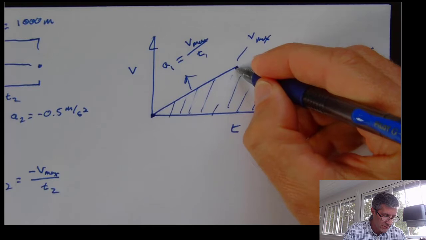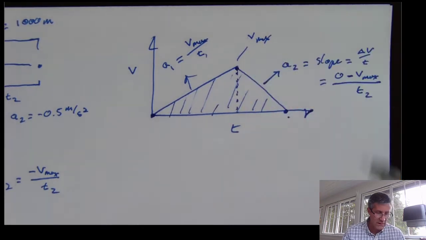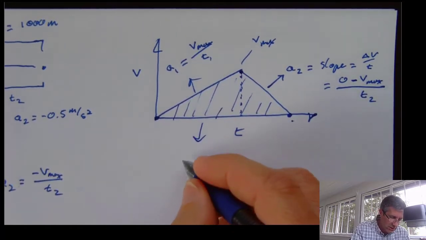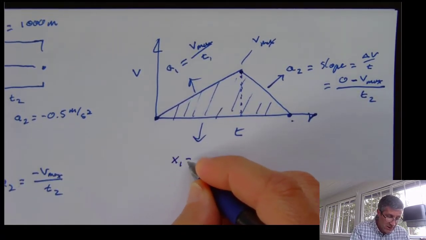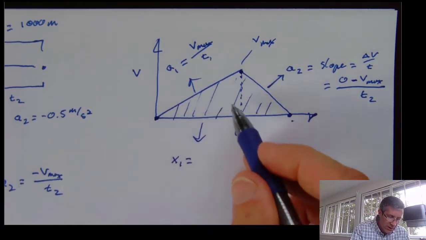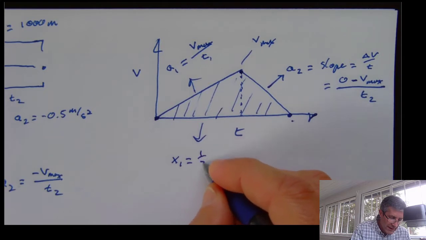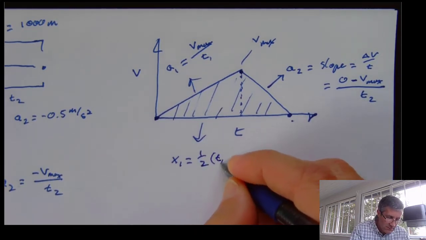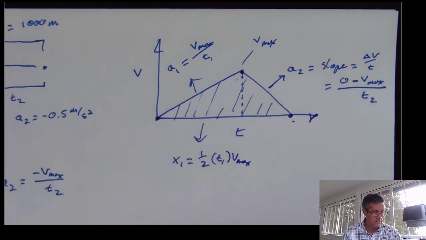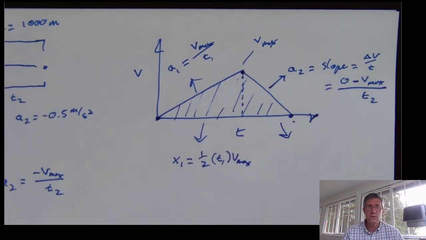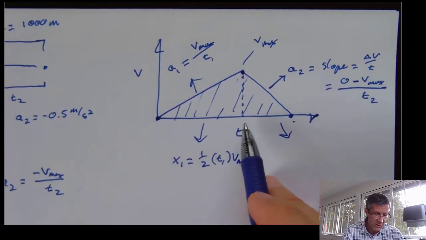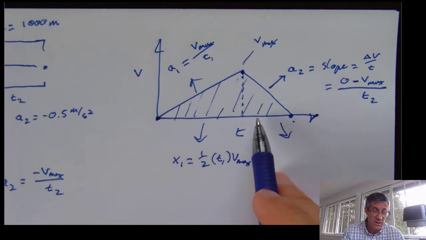Let's break this up into two triangles. The area of the first triangle, which I'll call the displacement during time frame 1, is 1/2 the base, t1, times the height, which is v max. For the second triangle, I'll call my base t2 to make life simpler.